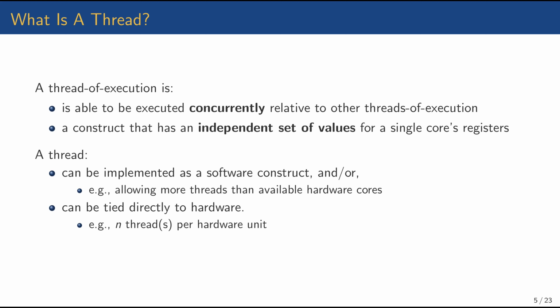Okay, so CPUs have very high-speed memory registers. They're very important for the operation of the CPU, and there's a fixed number of them, and those values need to be saved and restored when a thread of execution changes its running state or which core it's running on. And this is something the operating system manages.